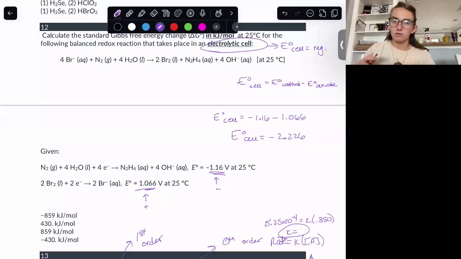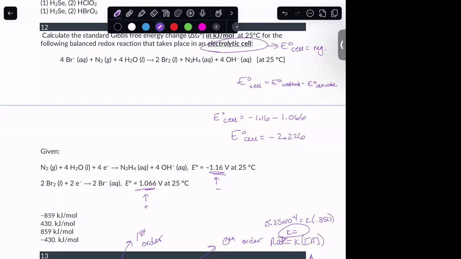Even if you're multiplying your reaction by 2 to make the electrons equal, that doesn't change the number of volts of your reaction. Does that make sense? Yes, thank you.